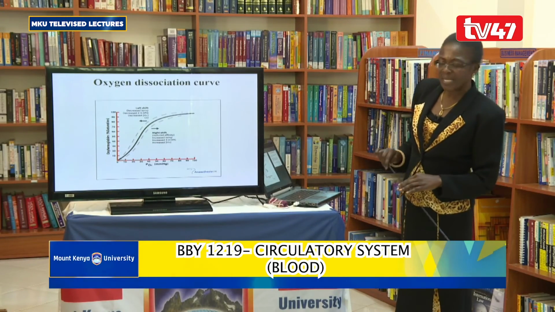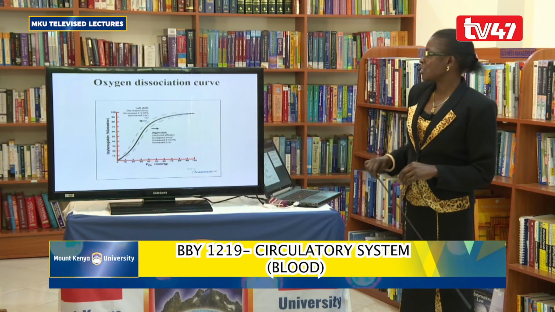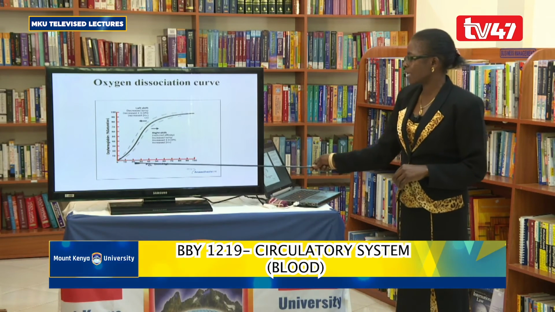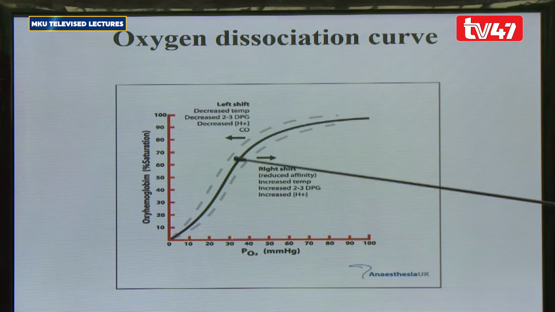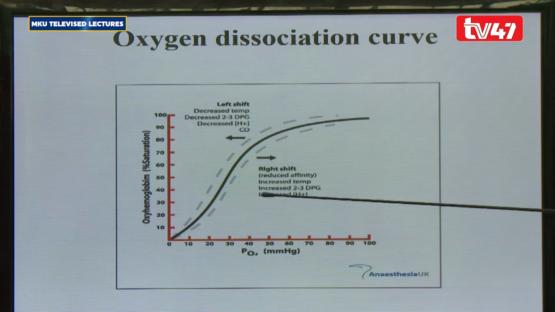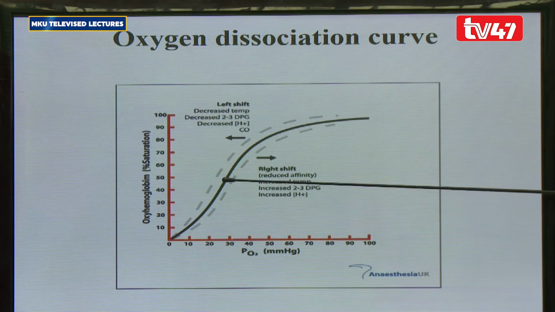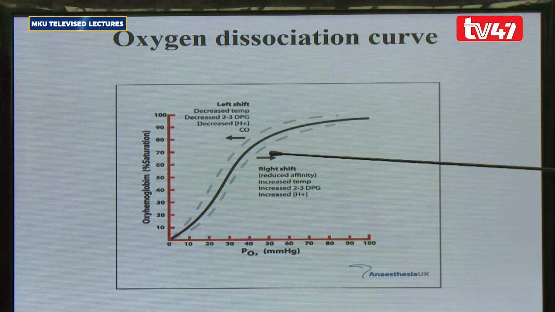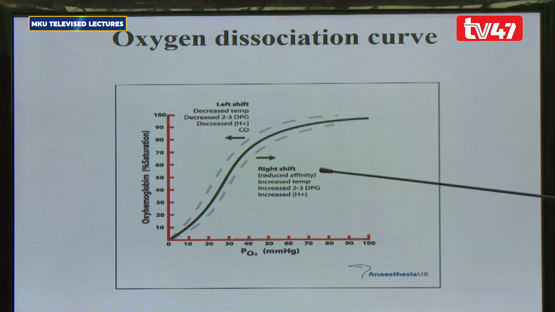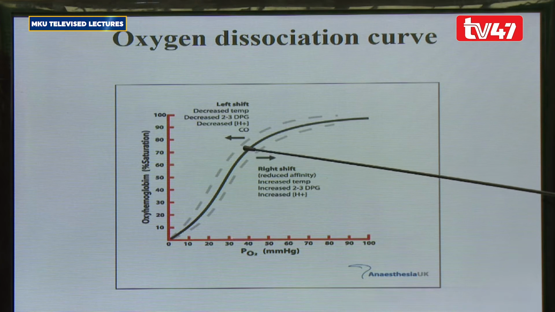To demonstrate the high affinity for oxygen, we use the oxygen dissociation curve, and this is what it looks like. The steep part here tells us how quickly hemoglobin can pick up the oxygen. It also shows what would happen if you have less oxygen and more carbon dioxide, which is the other respiratory gas.